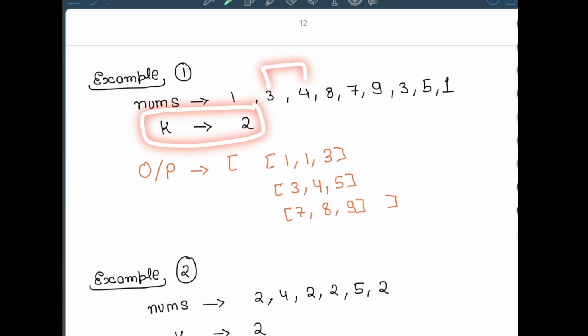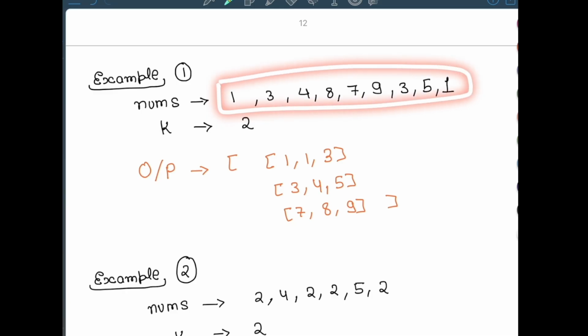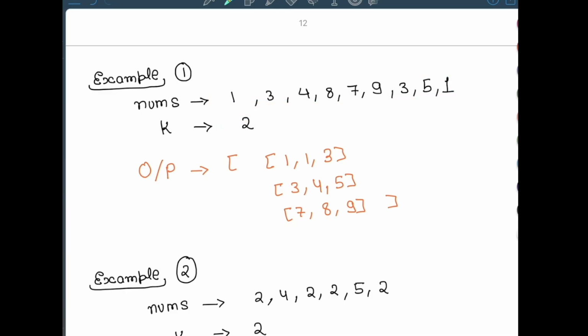The difference between 3 and 4 is fine, which is 1, which is within the limit. So I can see that in the input the numbers are all over the place. Similar numbers, or numbers with smaller differences, are not together, and that is what we need to fix. So we can just sort the data, and after you sort this input, it is going to look something like this: 1, 1, 3, 3, 4, 5, 7, 8, 9.